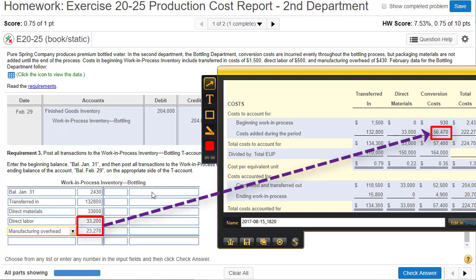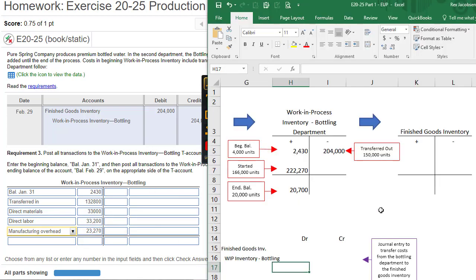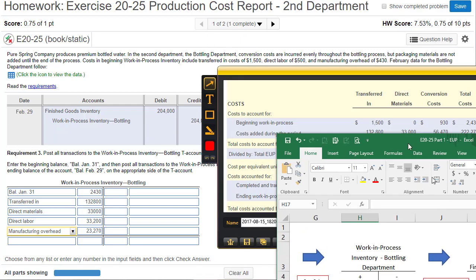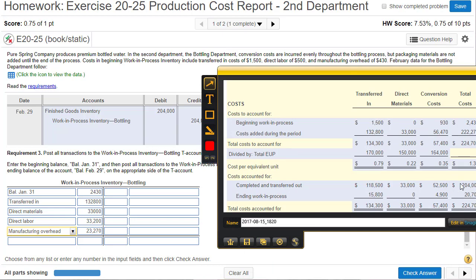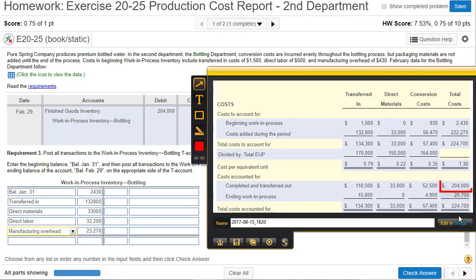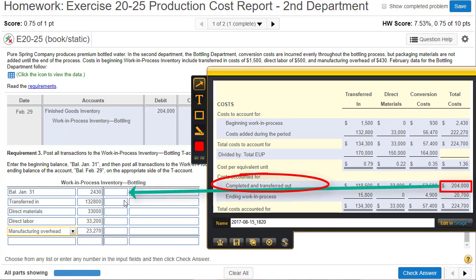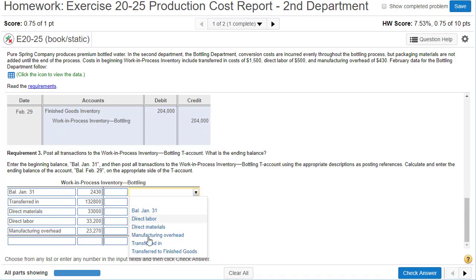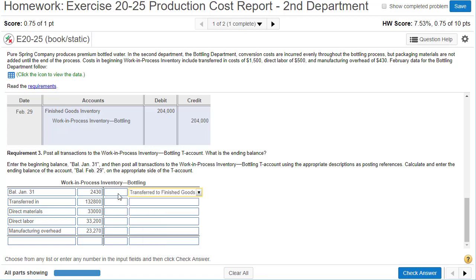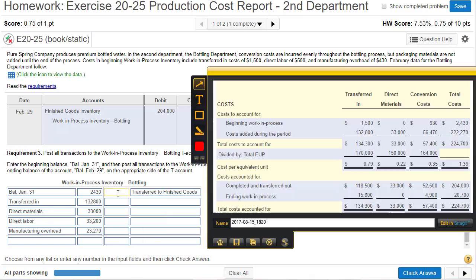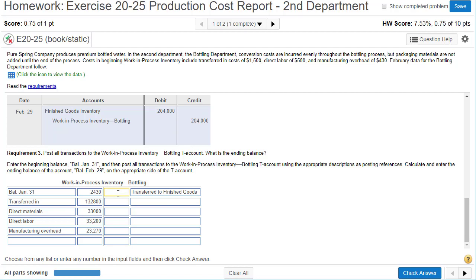All right, now going back to our T account, we now need the negative side. In other words, how much cost left the account. We already know it's 204,000, but if you forgot where we got that from, we got it from right here, 204,000, completed and transferred out. Transferred to finished goods. And what was that amount again? It was 204,000.